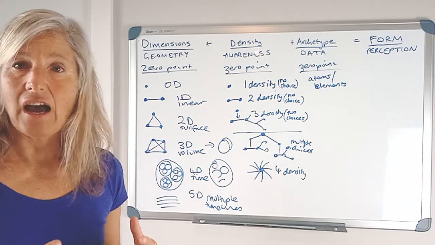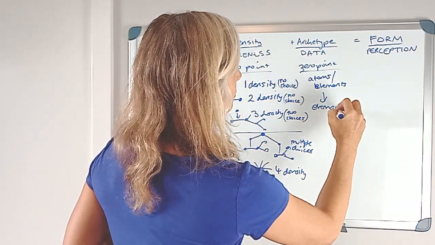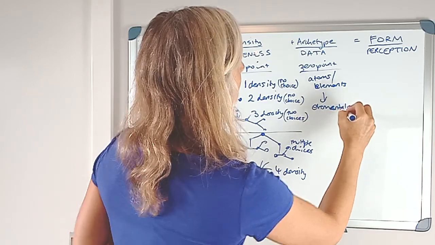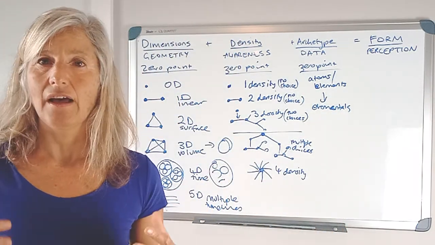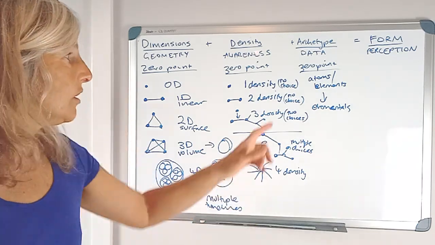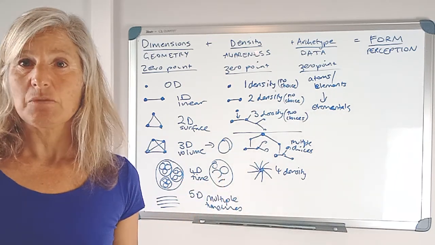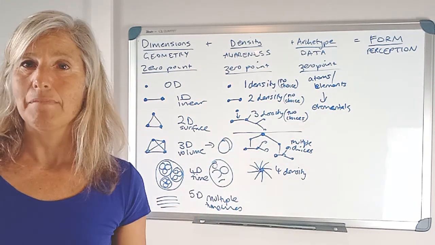Then the next archetypes that I see that stem from here are what I call the elementals. So the elementals are earth, air, fire, and water. We take all of the elements and they combine together in specific ways to create the elementals.